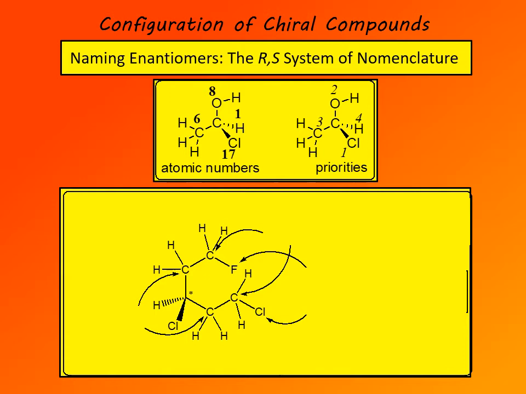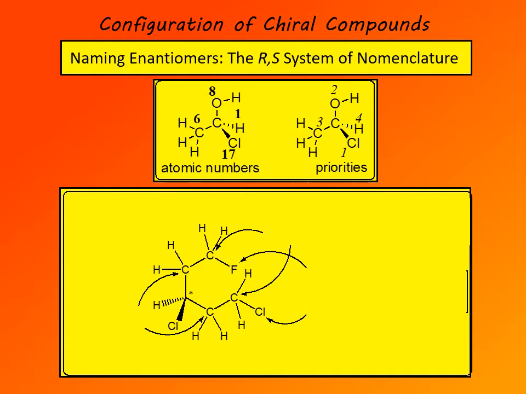And so we have two clearly different substituents, chlorine and hydrogen. So there is no doubt about them. But then we have two carbon chains, two carbons that are attached to the chirality center. So that's a tie. So we can easily assign priority 1 to chlorine and priority 4 to hydrogen, because chlorine obviously has the highest atomic number and hydrogen the lowest.